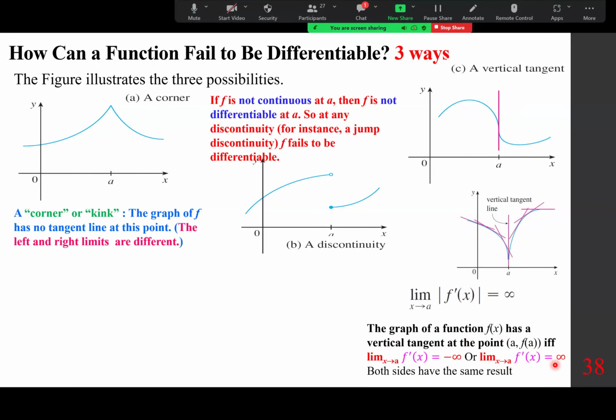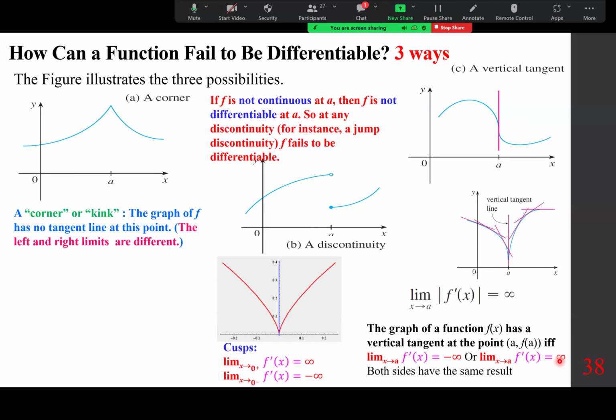So when the derivative becomes either negative or positive infinity, we are dealing with a vertical tangent line. Both sides have the same result, negative or positive infinity.